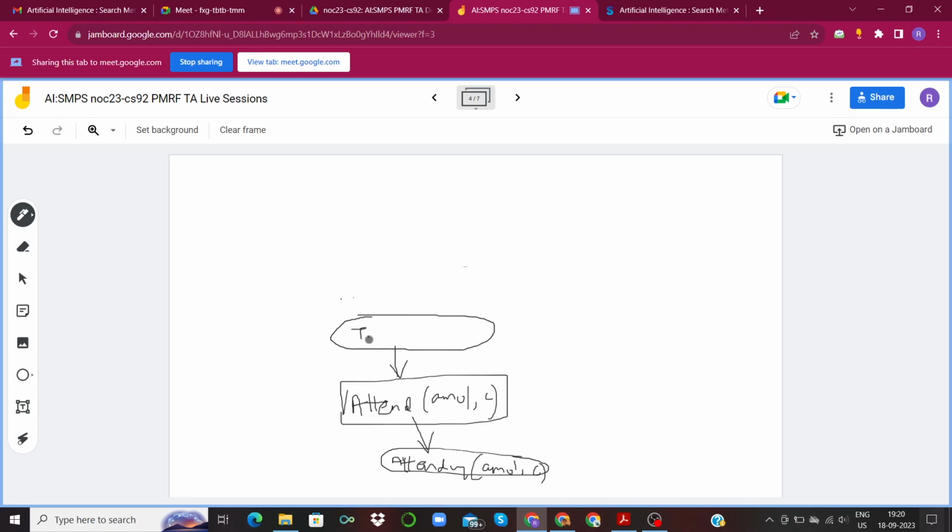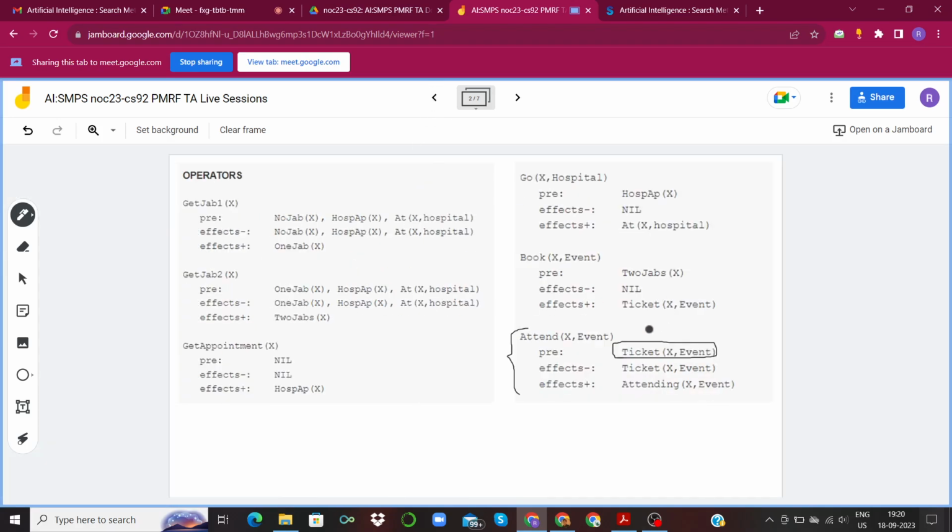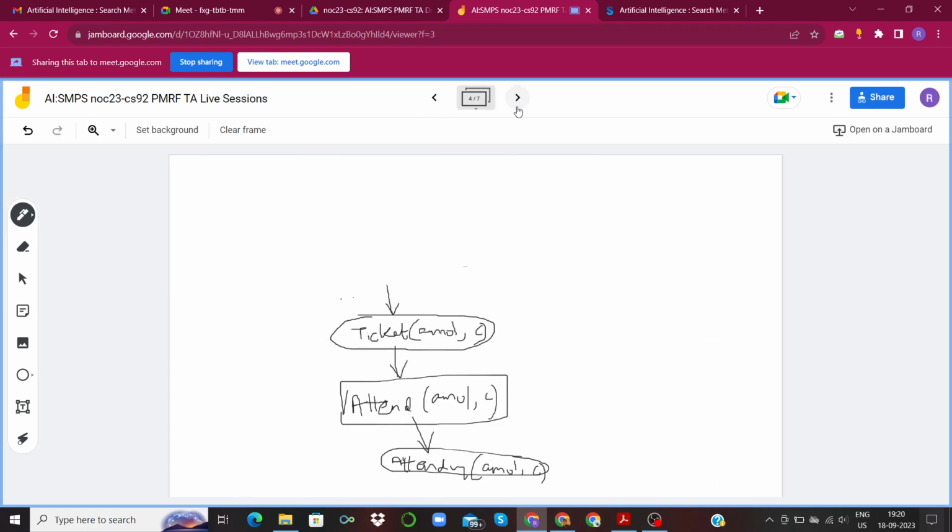So ticket(Amol, concert) now becomes the goal that we need to satisfy. And again we need to look for the relevant action for this particular goal. The relevant action would be this book action, because this results in this ticket positive effect. So book will be the relevant action.